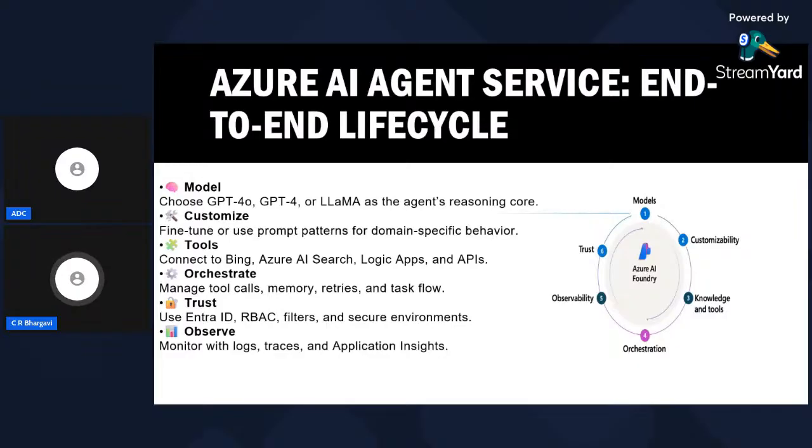And the third one is knowledge and tools. Your knowledge or tools can be of different kinds. Say you want to connect it to Bing, or to Azure AI Search, or you have a knowledge base available from your end that can answer all the queries, or steps included for all the multi-agent steps it has to follow.